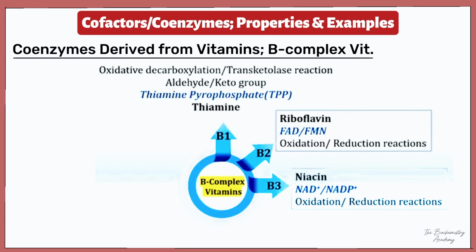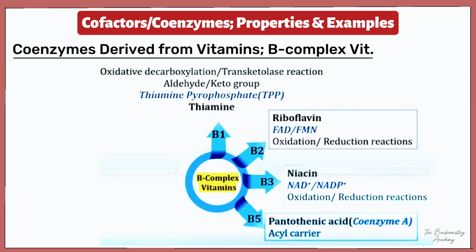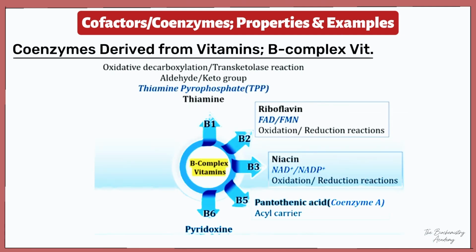Then the next vitamin B complex vitamin is vitamin B5, also called pantothenic acid. The coenzyme is coenzyme A or CoA, and it is an acyl carrier. Then vitamin B6, called pyridoxine.